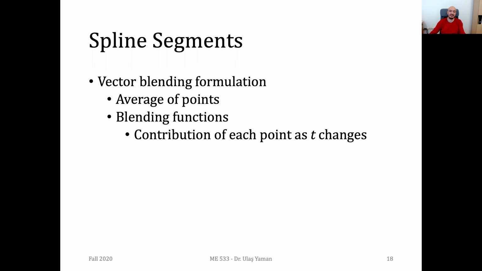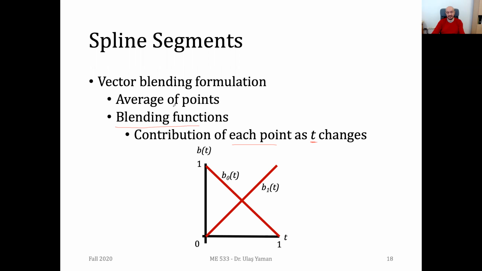If you use blending functions, then the contribution of each point will be modified as you change the parameter t. So they will not be the same throughout the whole region. It will be modified according to the coefficients, according to the blending function you are using. So here you see, for instance, two blending functions, B0 and B1. Now we will be using these blending functions to represent the simple spline.